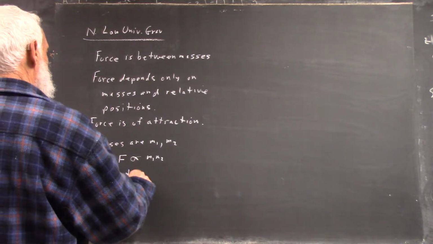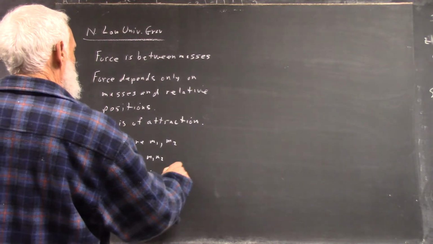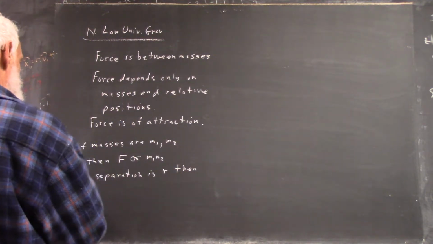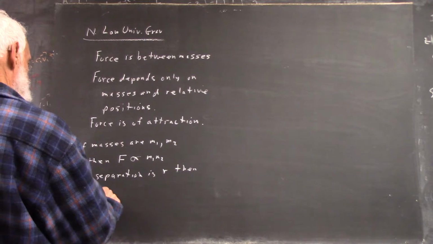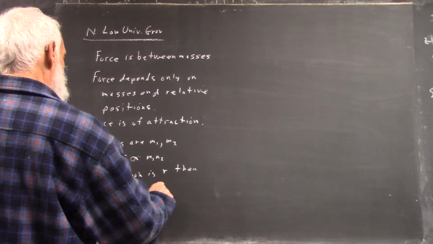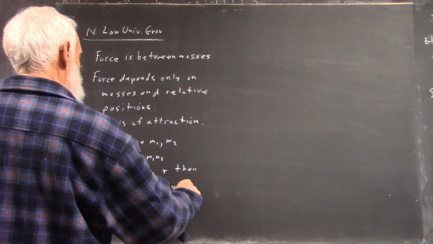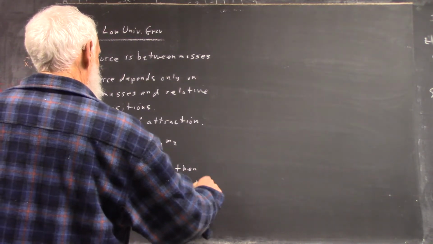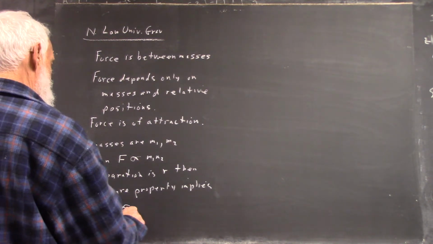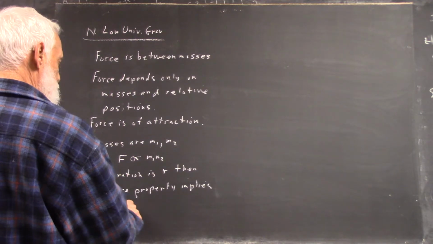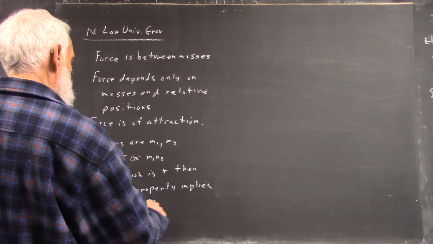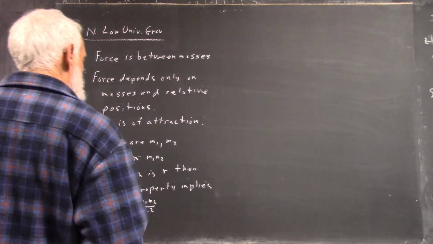If the separation is R, then the inverse square property... here, I'm going to draw a better one. It's still not great. These two things here ought to be parallel. But it's proportional to M1 M2 over R squared.